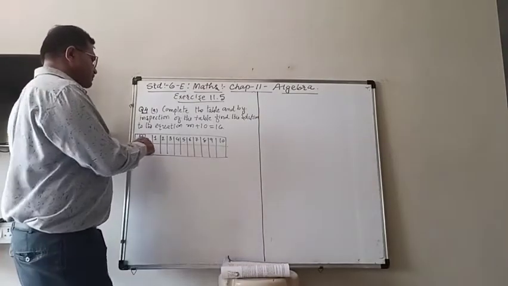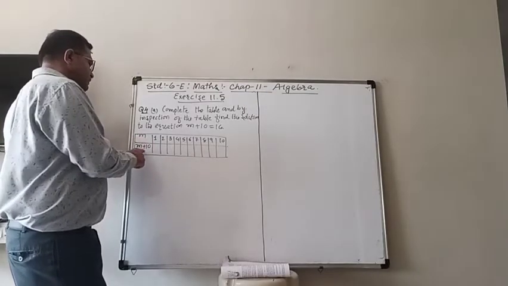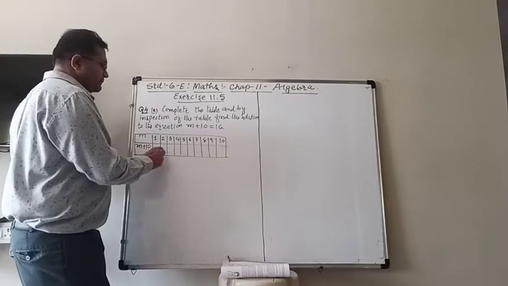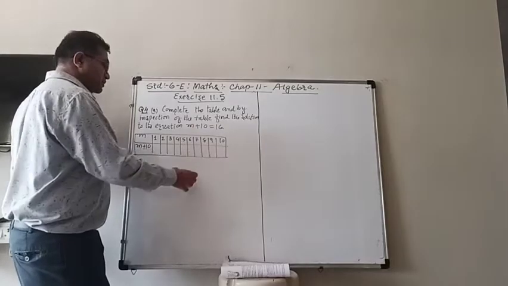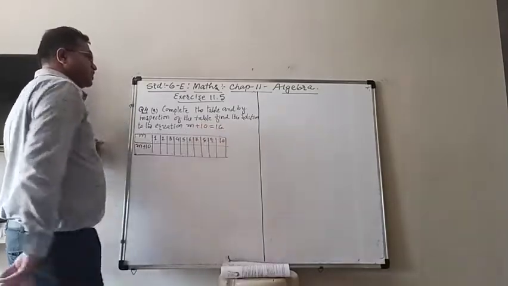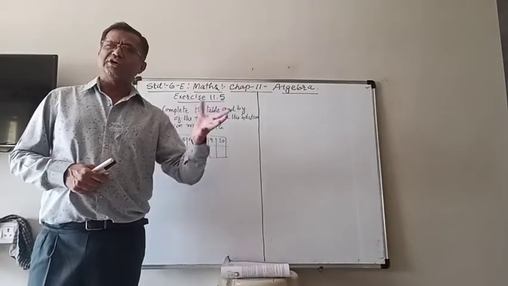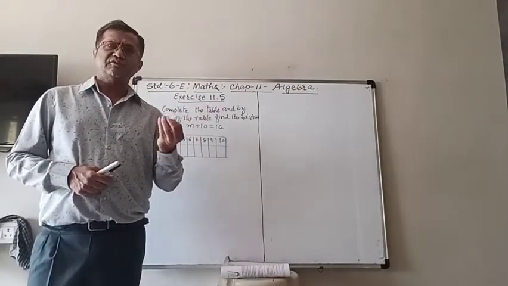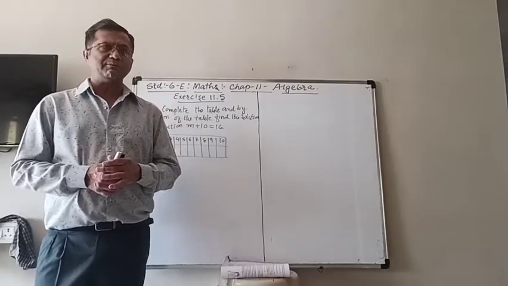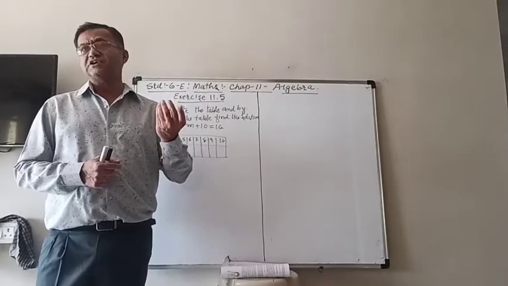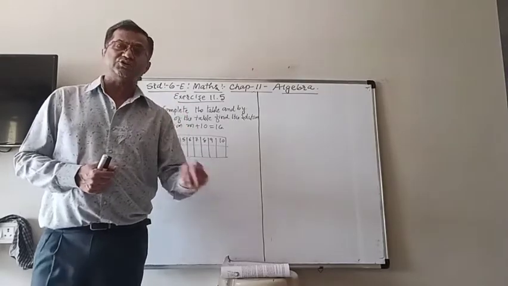Now in the table the values of m are given, and according to that we have to find the values of m plus 10 and then check which is the solution of the equation. So here it is very simple. One by one we will take the value of m and find the value of m plus 10. Means we just have to add 10 to it.